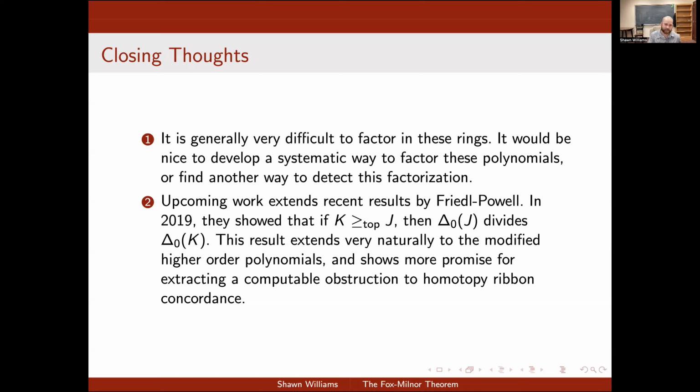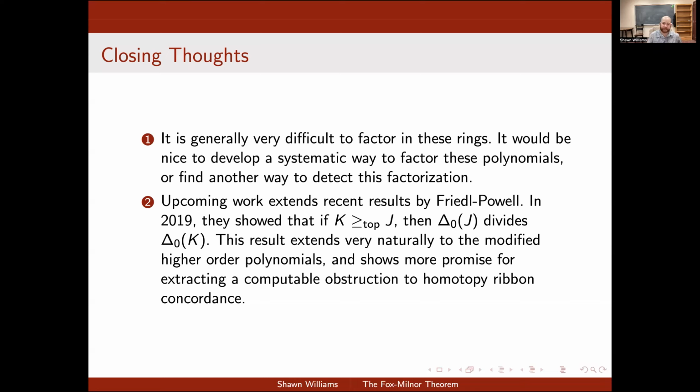The second thing I want to say is that some upcoming work extends recent results of Friedl and Powell. So in 2019, they showed that if K is homotopy ribbon concordant to J, then the Alexander polynomial of J divides the Alexander polynomial of K. Some upcoming work shows that this result extends very naturally in the context of the modified higher order polynomials.